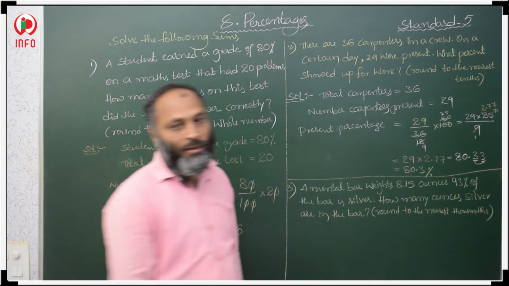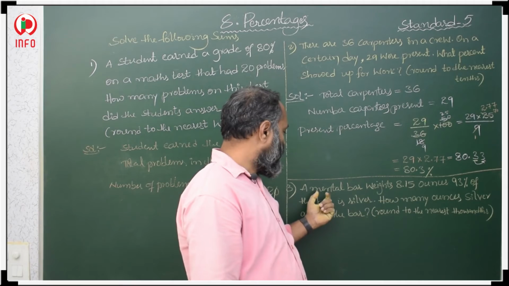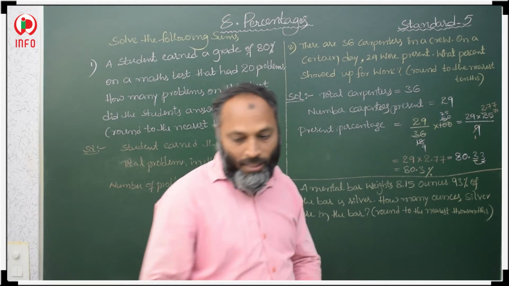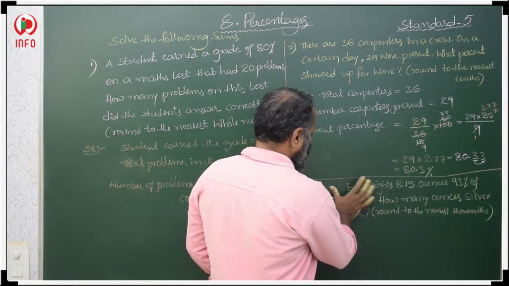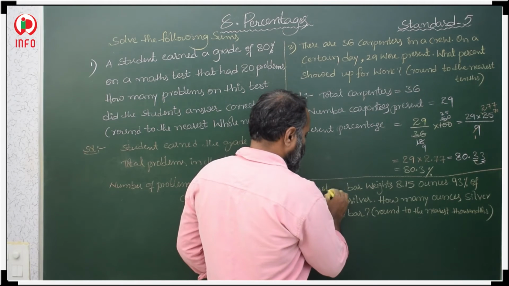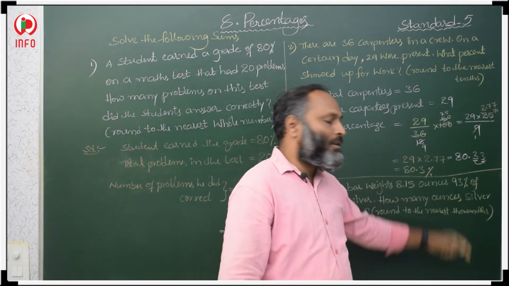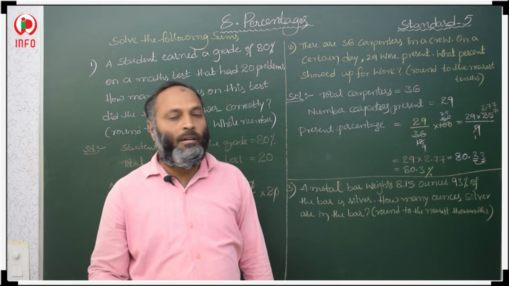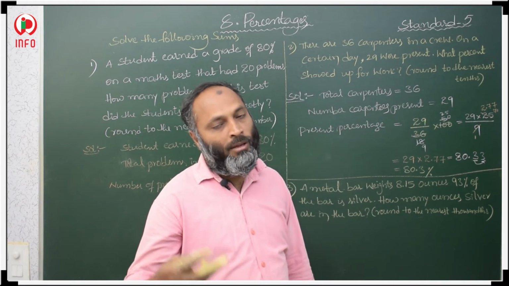Now the next one. A merchant, a metal bar. A metal bar weighs 8.15 ounce. Ounce is a unit for measurement of weight.